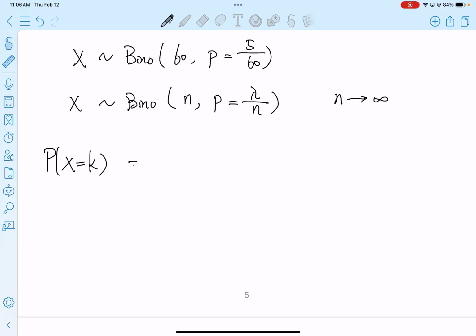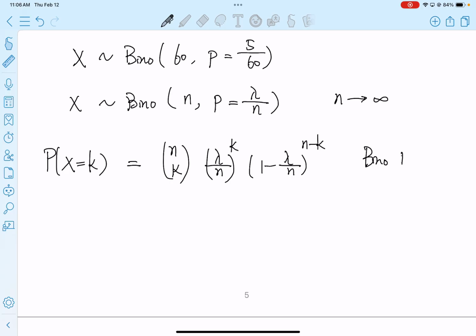Plugging in the binomial probability mass function, we have n choose k, where n depends on how many intervals you segregate the 1 minute into, and p is the probability for each coin landing on head. In our case, it's lambda over n, raised to the power of k, and then you have 1 minus lambda over n raised to the power of n minus k. So again, this is the binomial probability mass function.